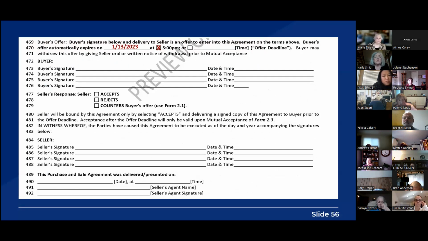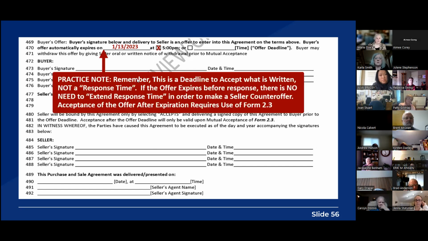Okay, on this last page, we have offer automatically expires on this date at 5 p.m. or time. This is one of those where we use calendar days and business days kind of interchangeably, but you can put in the time and the date. One thing to note, and this is a deadline to accept what is written, not a response time.